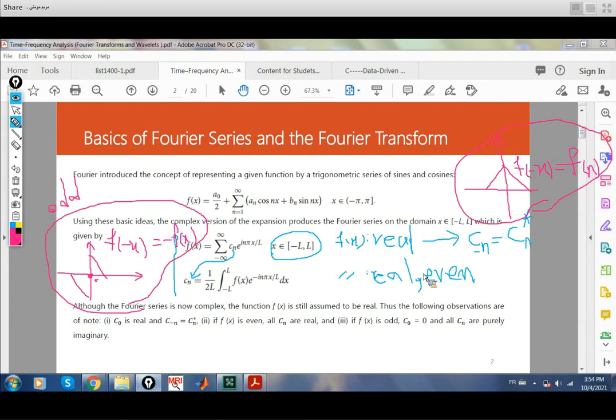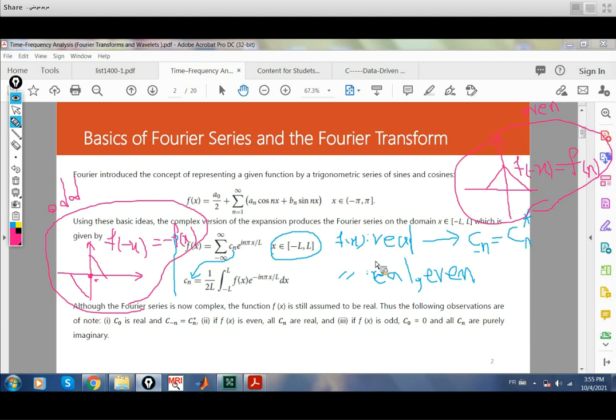Anyway, if our function was real and even, and what is the real? Real means the function doesn't have an imaginary part.